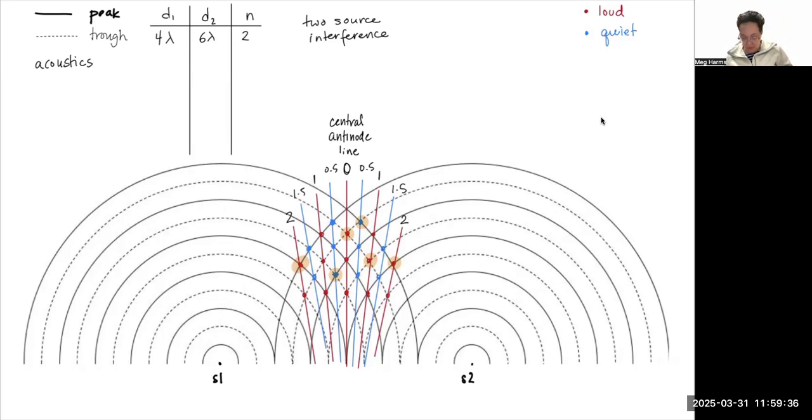I'm going to go a little quicker. All right, we've got 1, 2, 3, 4.5 wavelengths from speaker 1, and 1, 2, 3, 4, 5 wavelengths from speaker 2. And I am on line 0.5.